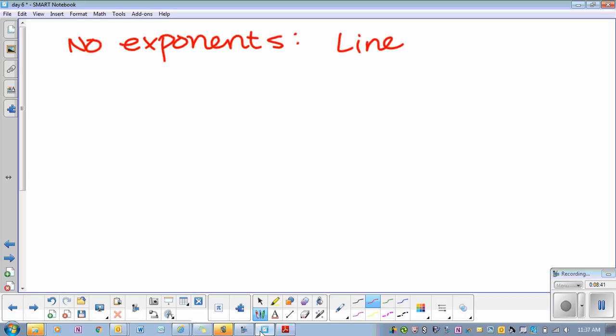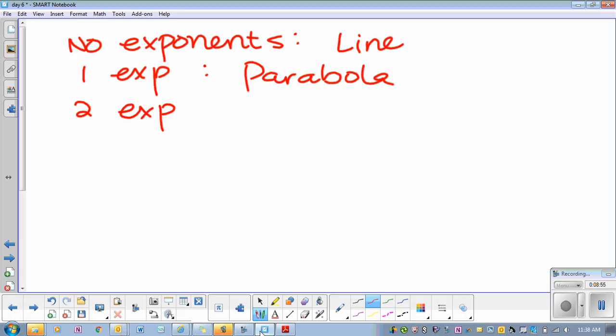If you have one exponent, this is a parabola. So it's going to be a U or the flipped U, well, mountain, right? If you have 2 exponents, then it's a circle. For all these problems that you're going to get with these systems for now, no exponents means it's a line, 1 means it's a parabola, and 2 is a circle. So that at least you know if you're graphing it correctly, and what it is that you're graphing.